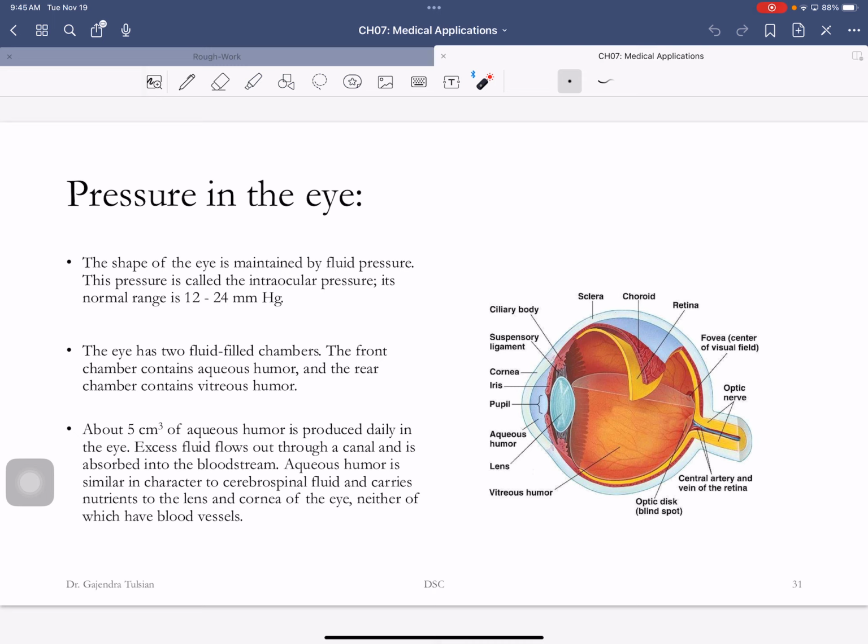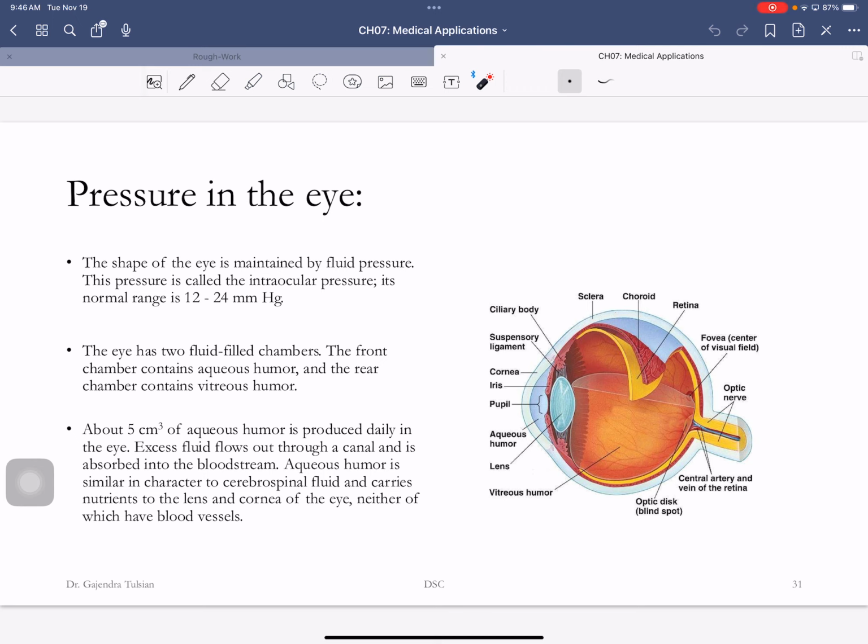About 5 ml of aqueous humor is produced daily by the eye. Okay. Aqueous humor is similar in character to the cerebrospinal fluid and carries nutrients to the lens and the cornea of the eye. Okay, so you're producing 5 cc of aqueous humor every day to supply nutrients to the cornea and the lens.